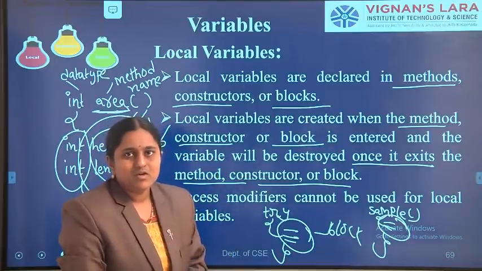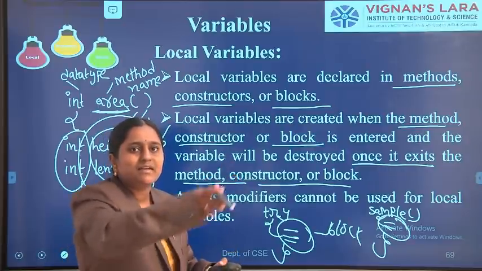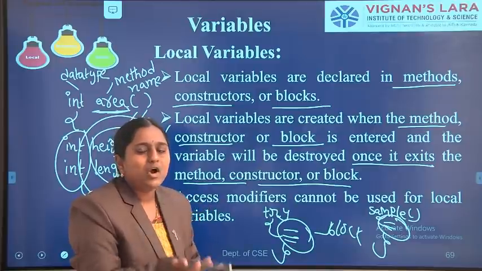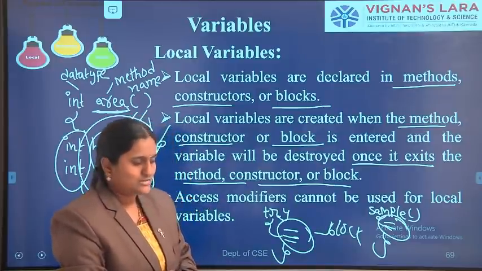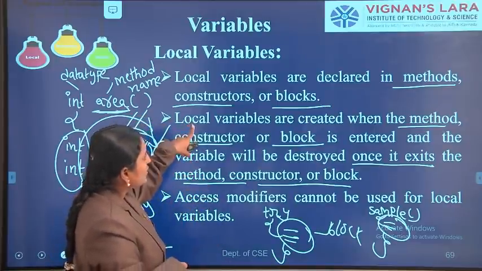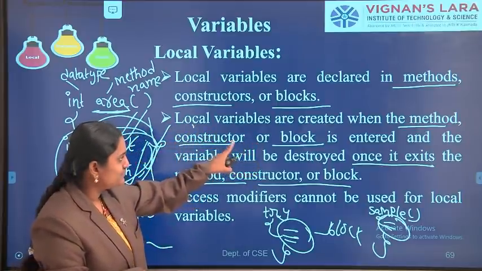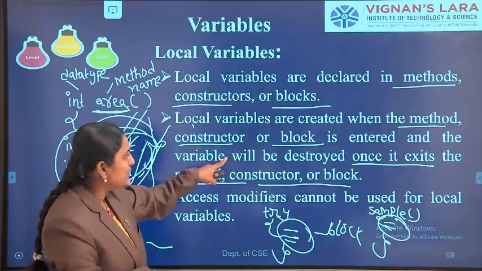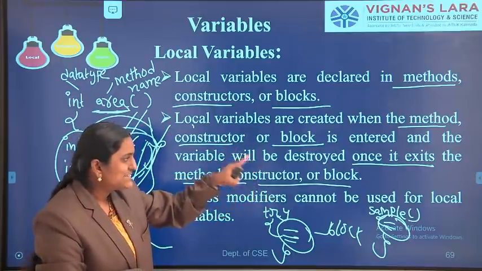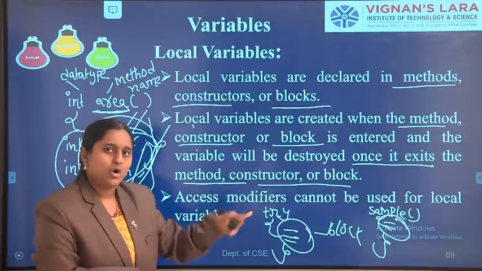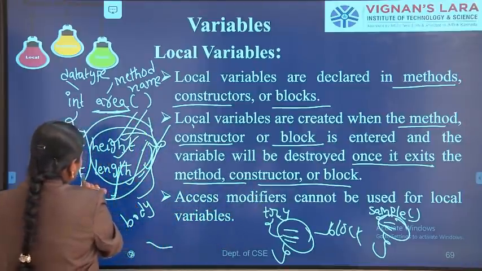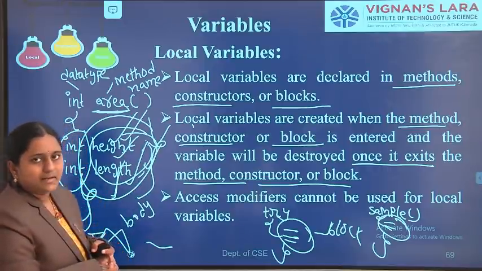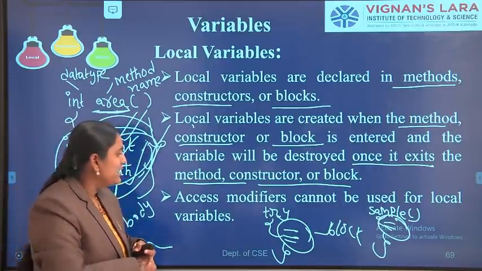Once we exit the method, constructor or block, we are not allowed to access the local variables. This is the scope of local variables.